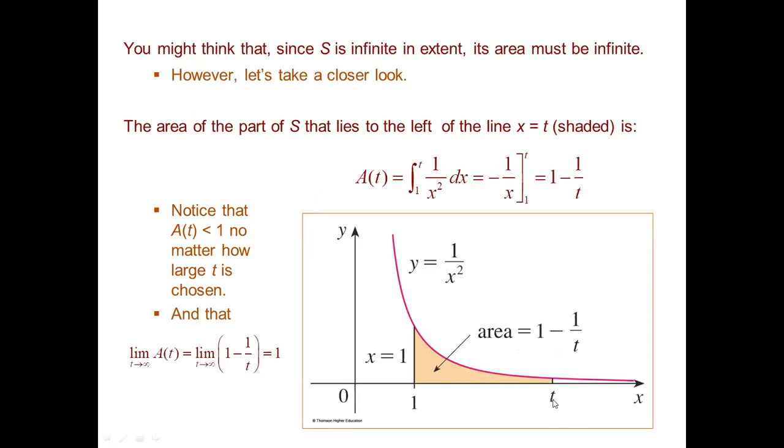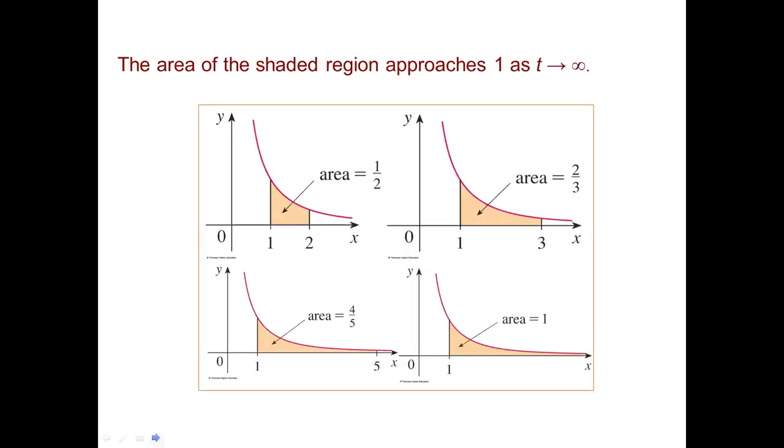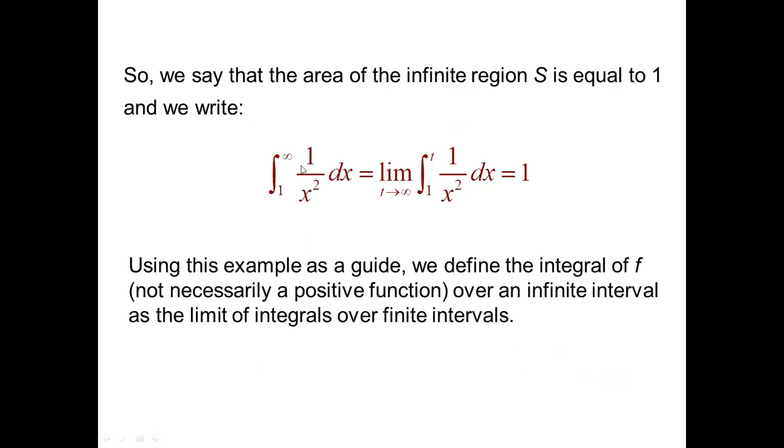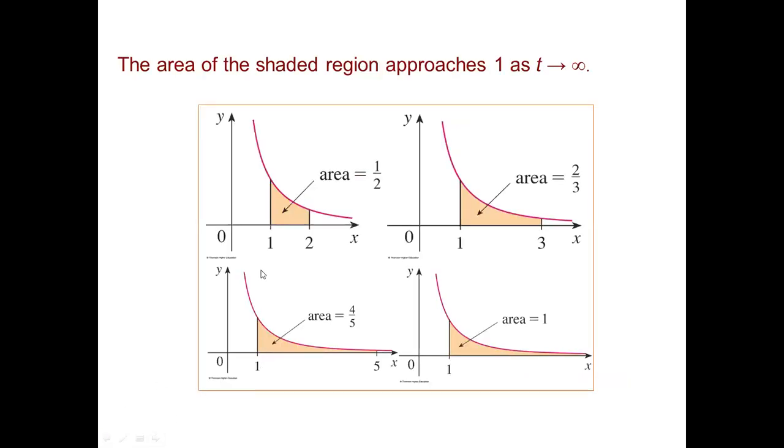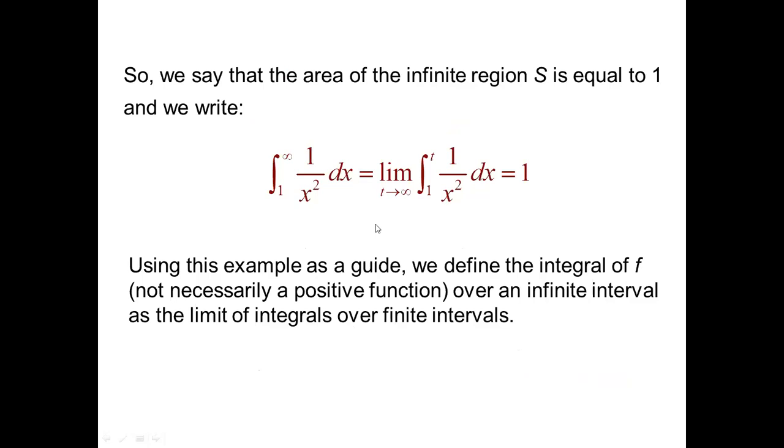This t is this t here. So it's going to continuously increase. That is why you could see here that it's from 1 to infinity. We started with the line x equal to 1, this is your line x equal to 1, and up to t equal to infinity. So the value is equal to 1.